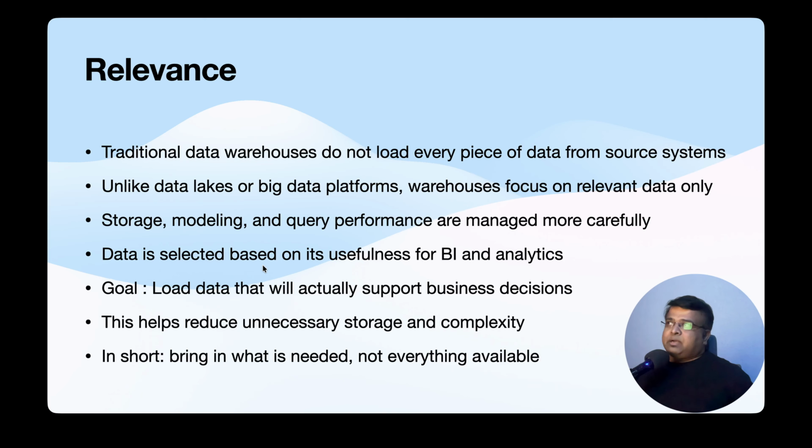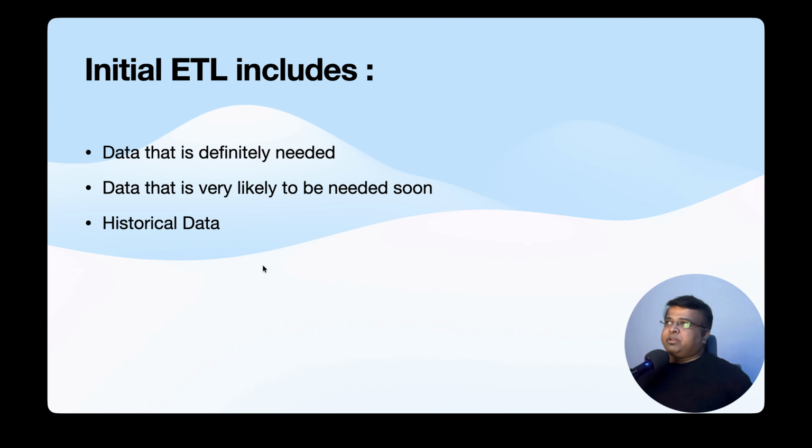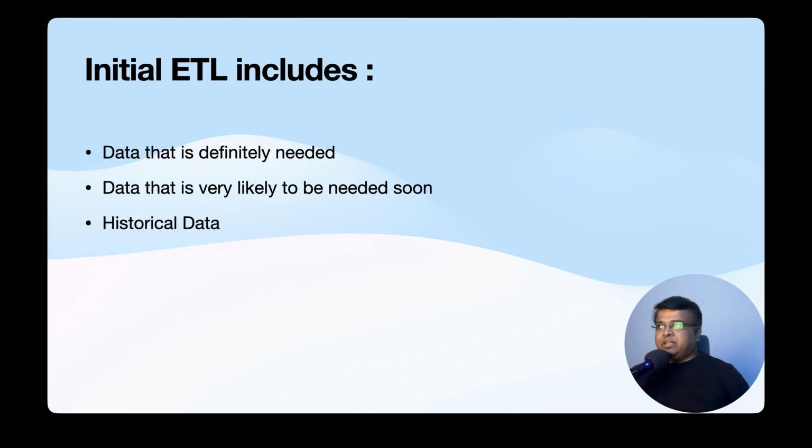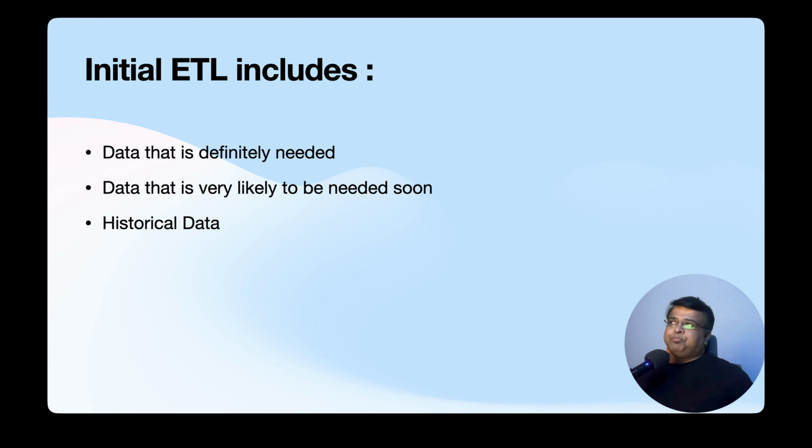So in practice, initial ETL often includes both data that is definitely needed and data that is likely to be needed soon. Another major part of initial ETL is historical data. Remember, when a brand new data warehouse is first created, it has no history inside it.